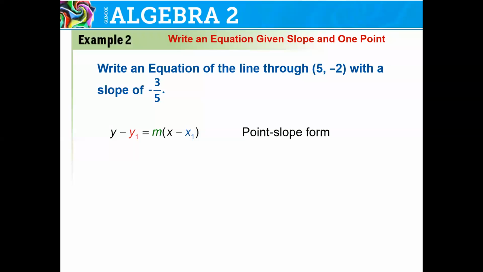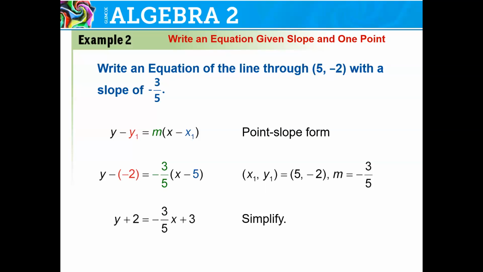Here's the book walking you through the same exact thing. First step, plugging it in. Remember, y1 and x1 are reserved for the coordinates. M is always reserved for the slope. Then they simplify it down. They simplified by distributing this -3/5 x into these parentheses.